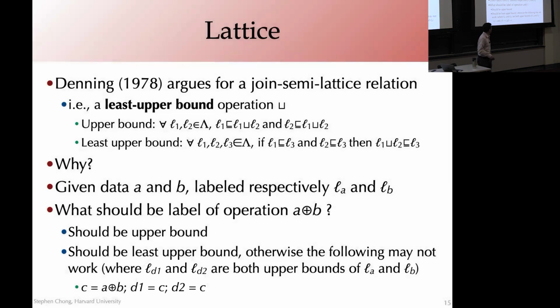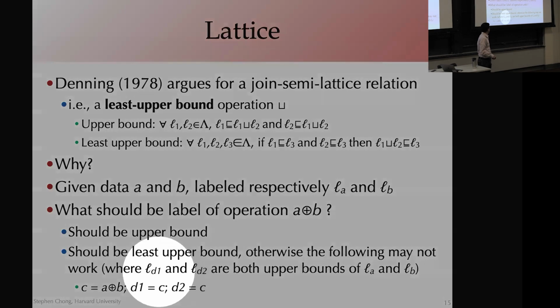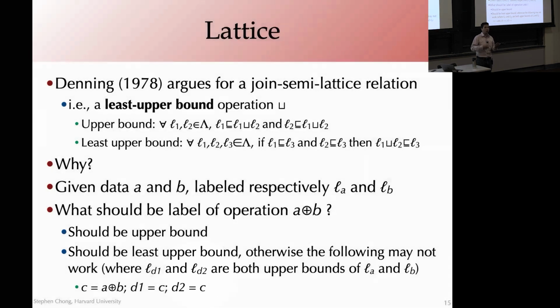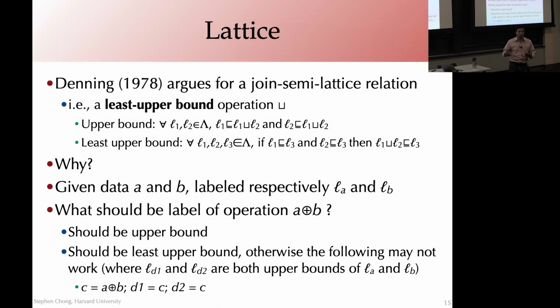The label of D1 and the label of D2 are both upper bounds of LA and LB. So it should be okay for us to assign C into the variable D1 and assign C into the variable D2. Flow is allowed from LA to LD1. Flow is allowed from LB to LD1. And same with LD2.